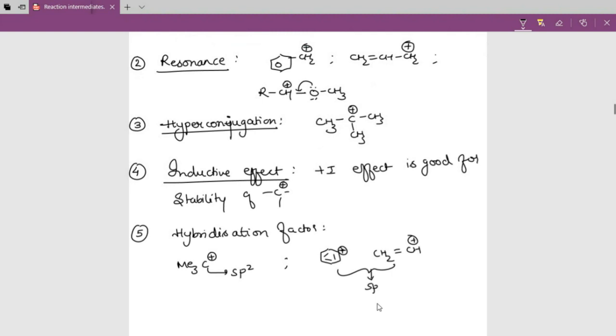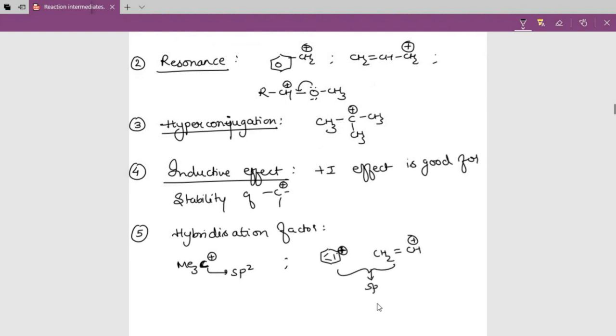If they are sp carbocations, the more the percentage of s character, the more will be the electronegativity of the hybrid orbitals bearing these carbocations. So overall, here the plus is present on a more electronegative atom, which increases the electronegativity of that atom also. Here it is less electronegative.